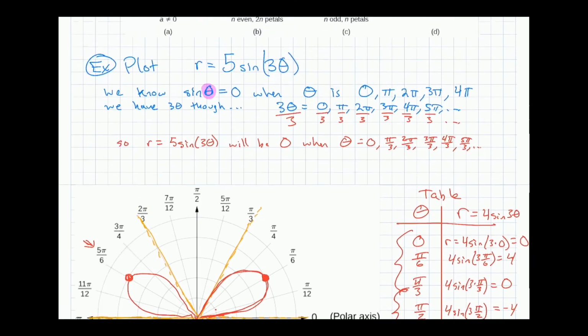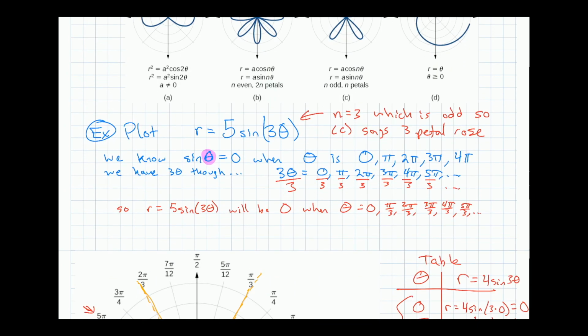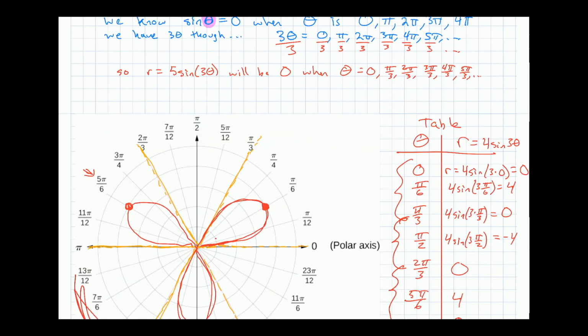So we saw that it did exactly what it should, right? N equals 3, which is odd. So it matches up with part C there, which says 3 petal roses is what we should get. Okay, so we plotted a 3 petal rose.